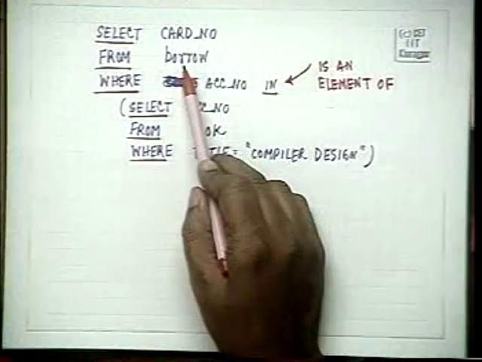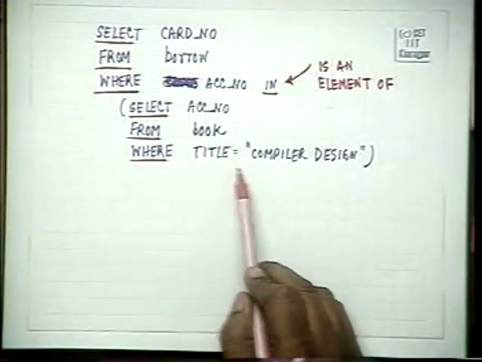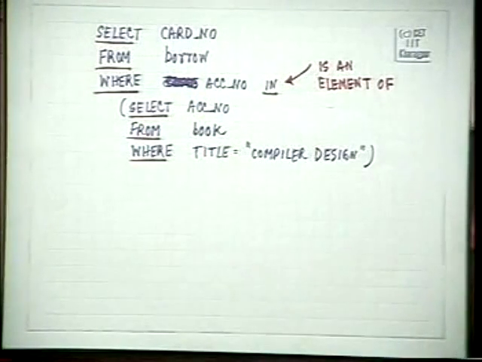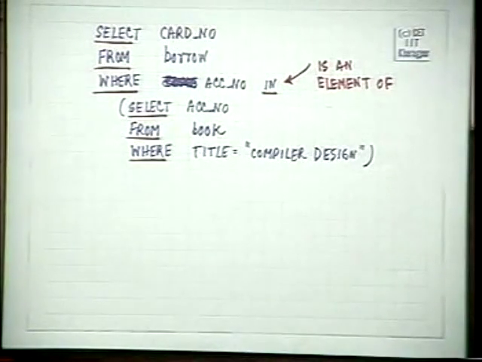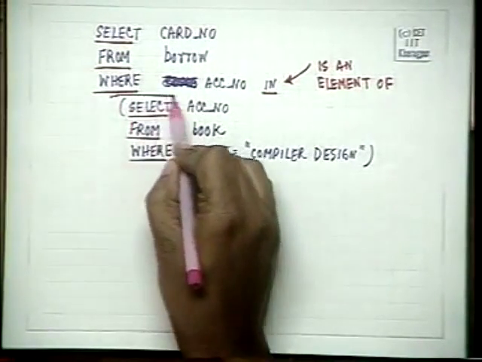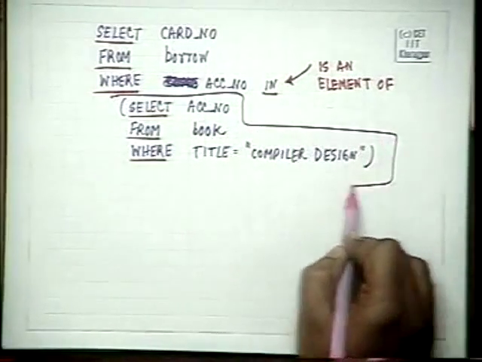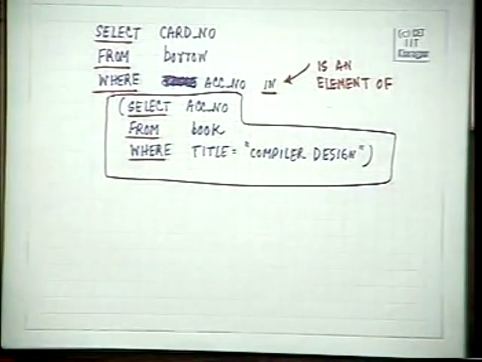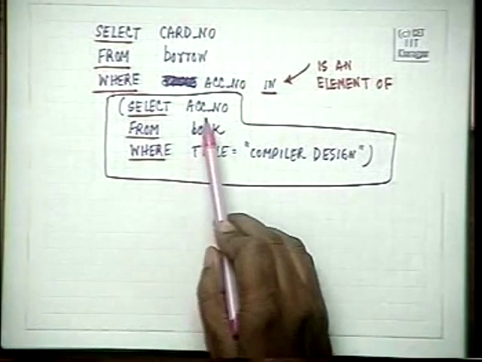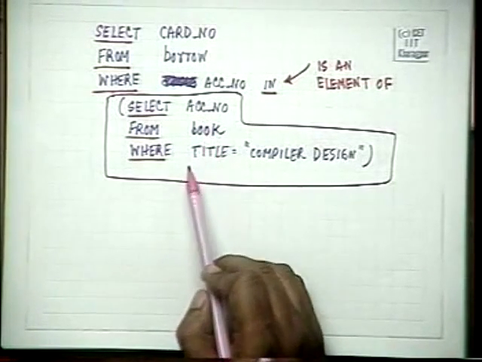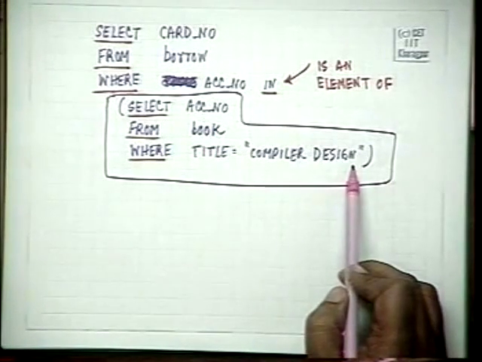So this part of the query returns the accession number of all books whose title is Compiler Design.